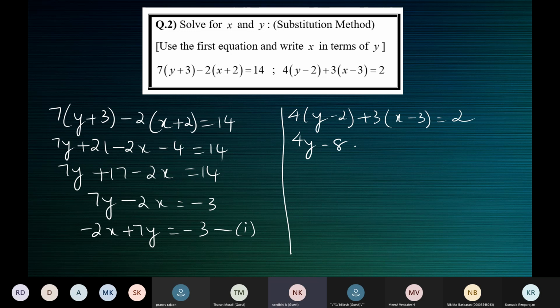Plus 3x. How minus 3x? What is plus 3 into x? Plus 3x, ma'am. Then what is plus 3 into minus 3? 3x minus 9. Okay, is equal to 2. Okay. Next.